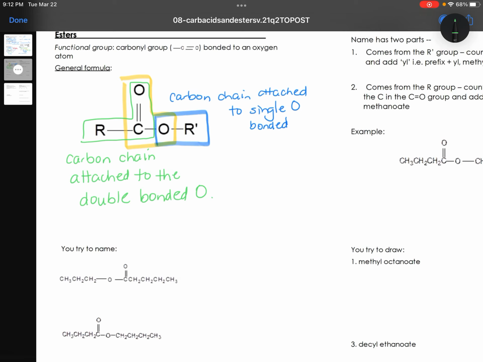And you have to have at least one carbon on each side. So you could have one carbon connected to the C double bond O and one carbon connected to the oxygen. So the ester functional group, the C double bond O and the O, have to be on the same carbon, and it has to be in the interior of the chain.